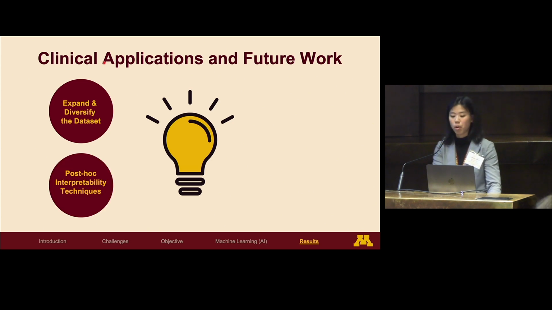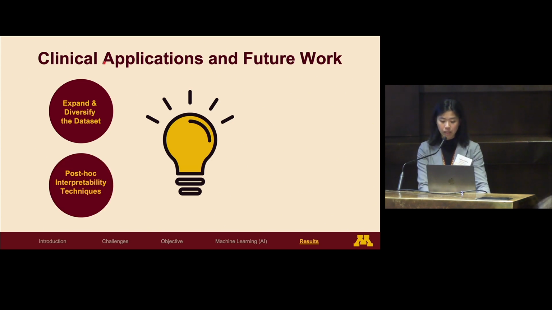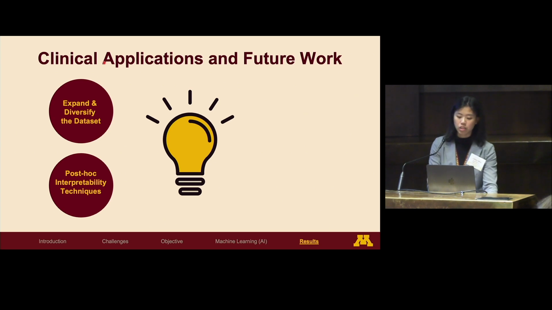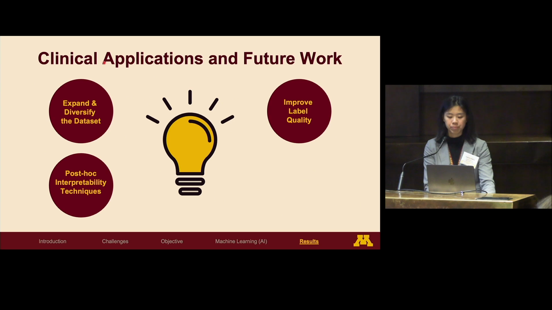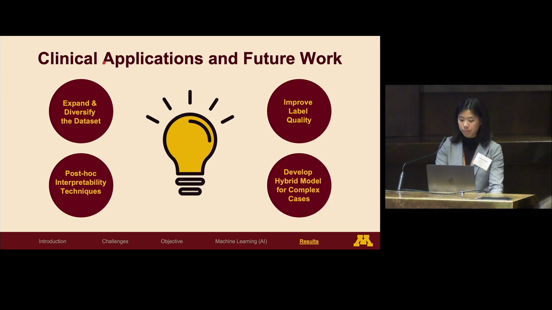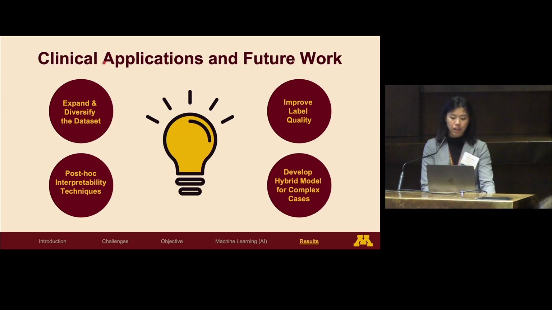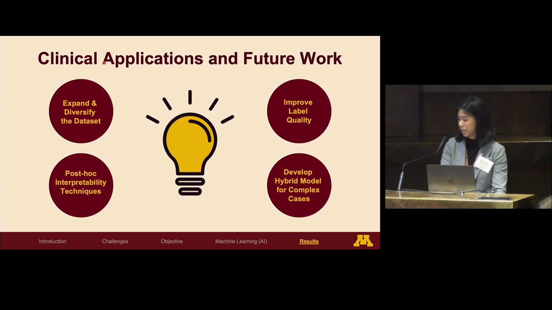Second, we will develop a post hoc interpretability method such as heat maps or a feature attribution technique that makes the model's decision making more transparent to the user. Or use consensus-based or semi-supervised labeling to enhance training data quality and reduce the inter-observer variability. Apply multitask learning for handling cases with other intracranial abnormalities or comorbidities.